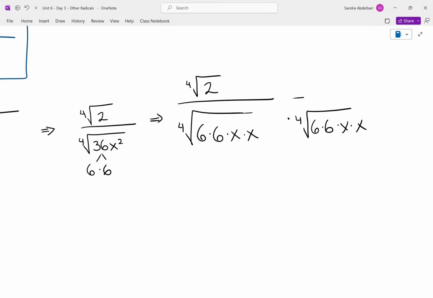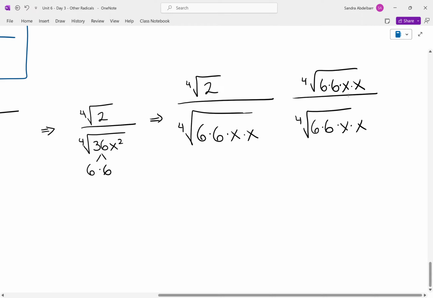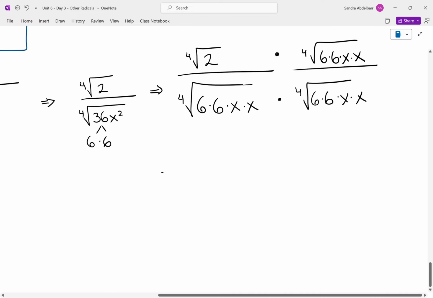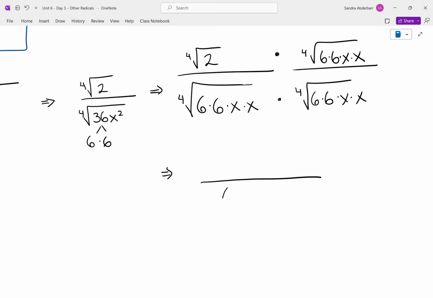So in order to cancel out this radical, I'm going to multiply by 2 more 6s and 2 more x's. So multiply the top and bottom by this.